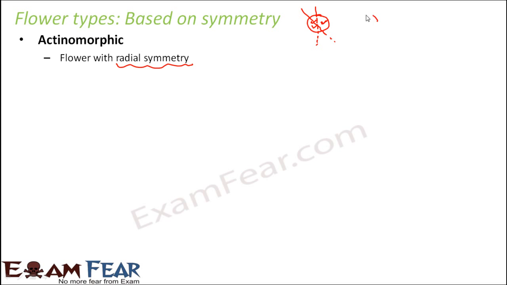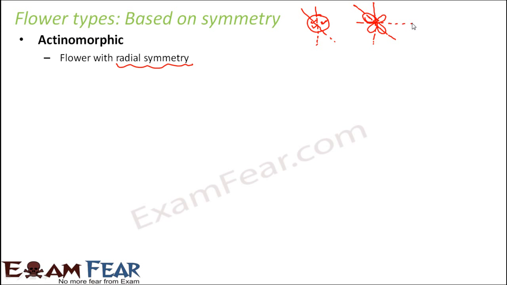Now let me draw a few pictures to explain what is actinomorphic. Let us suppose you have a flower like this with 4 petals. So what happens in this case? If you take this axis, it is divided into two equal parts, right? If you take this axis, it is again divided into two equal parts.